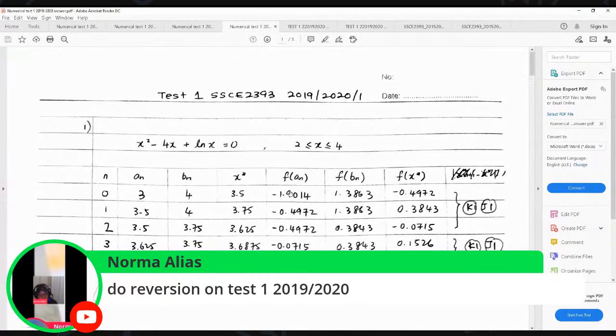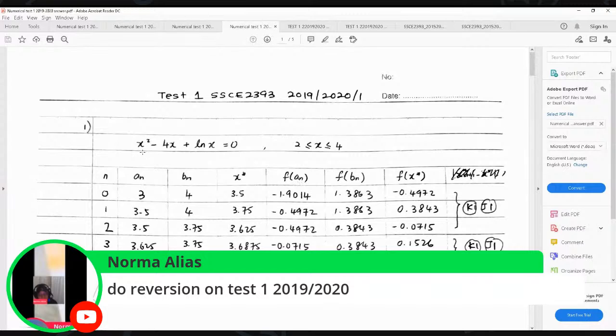All right, so the question is x squared minus 4x plus ln x, okay. And then the interval is between 3 to 4, where A is 3 and B is 4, right? The C or the value is between 3 and 4. 3 plus 4 divided by 2 is 3.5, okay? And then find FA.